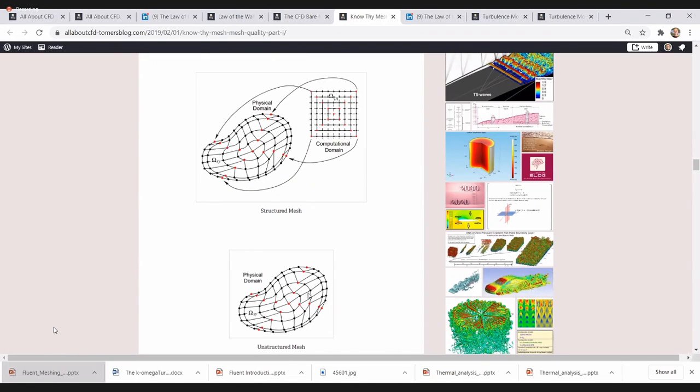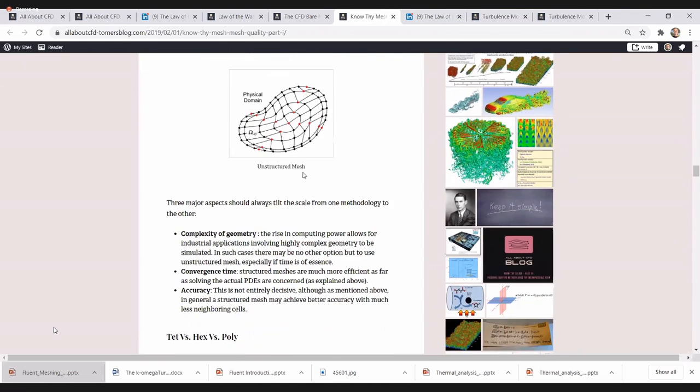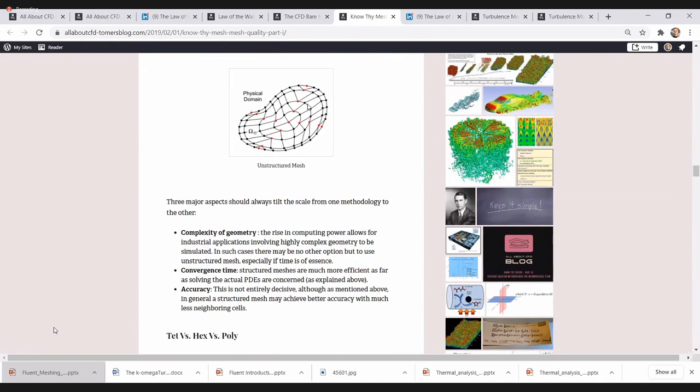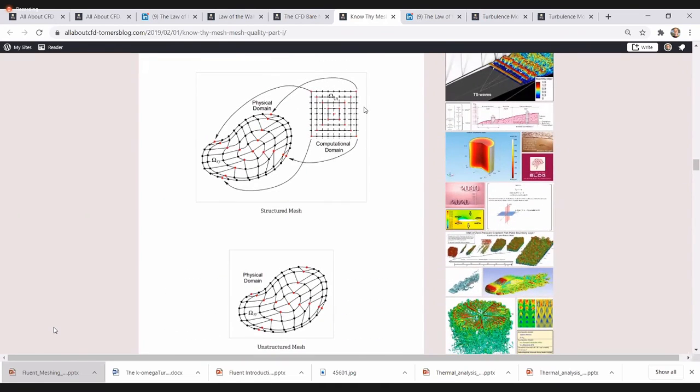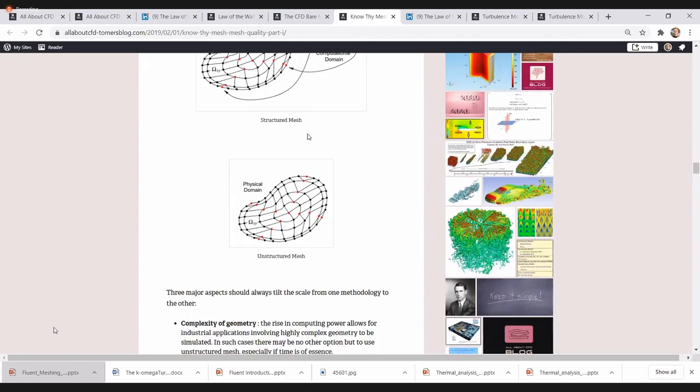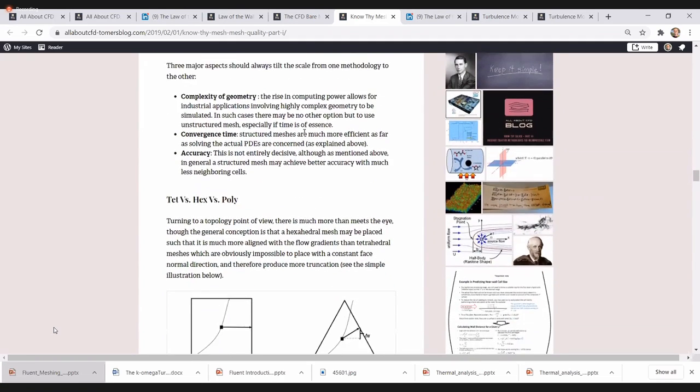Unstructured mesh is easier to build, and when the complexity of the geometry is very high, there's no other choice. Convergence time, of course, is a lot more efficient if you can do a structured mesh.